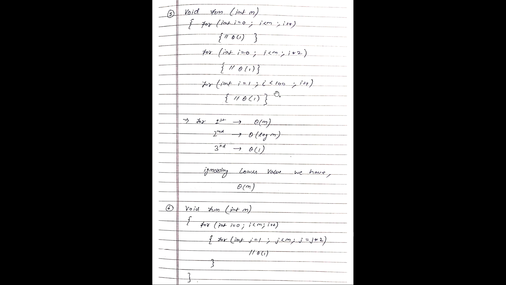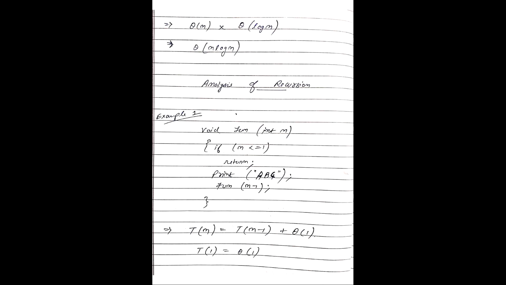There is no n, there is a constant number, that is 100. That's why it's running for a constant time. So after ignoring lower values, we remove theta 1, we remove theta log n, and we have theta n.